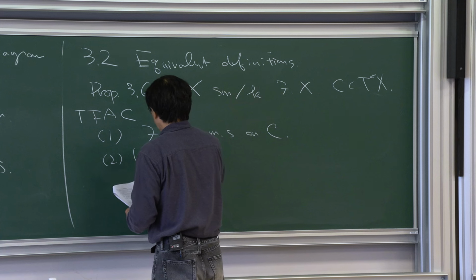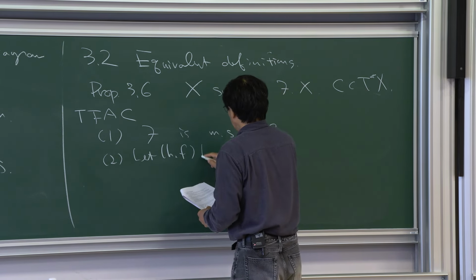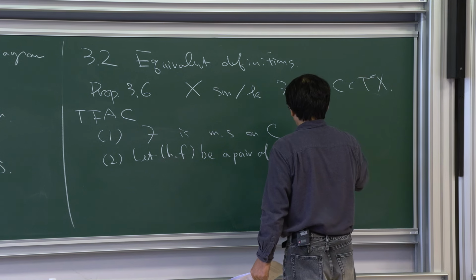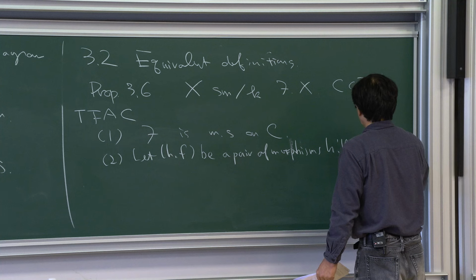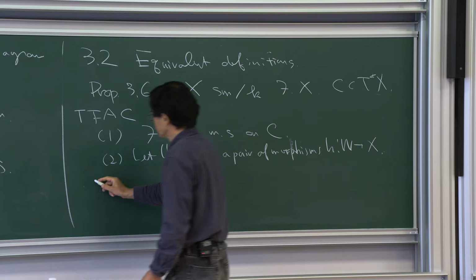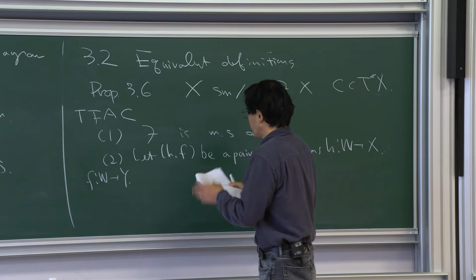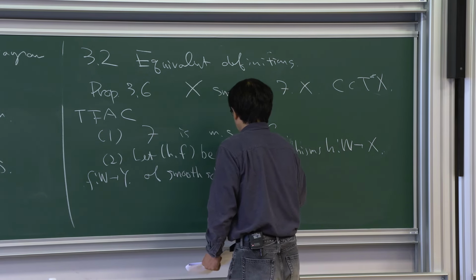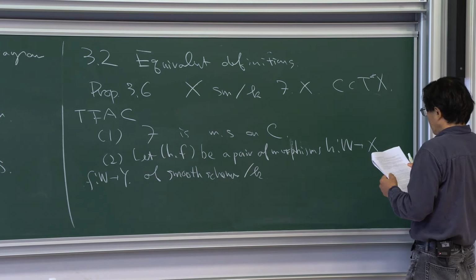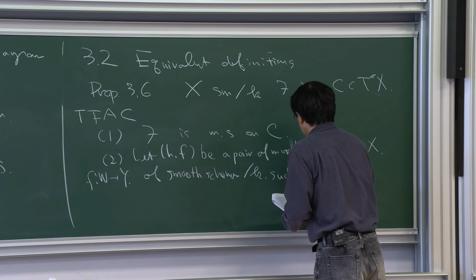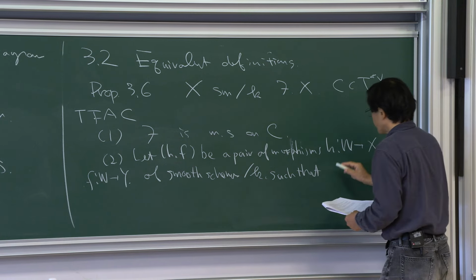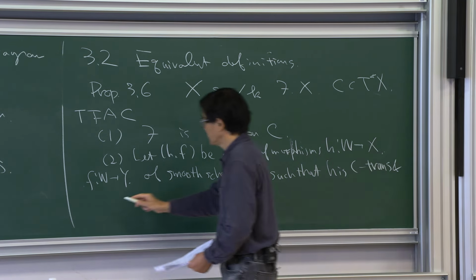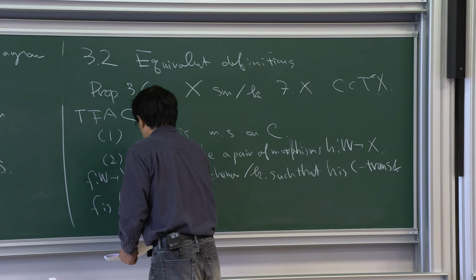The second one is, so let h, f be a pair of morphisms over smooth schemes, such that the usual condition, the same condition as here: h is C transversal and f is h_∘ C acyclic.